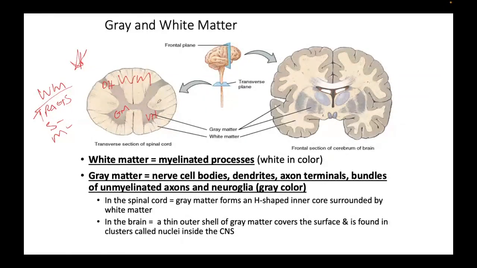So the white matter is myelinated and the gray matter is unmyelinated. This is the spinal cord. And look what happens in the brain. In the brain, it's the flip-flop of this. The outside is gray and the inside is white. You can see right here, it does a flip-flop.